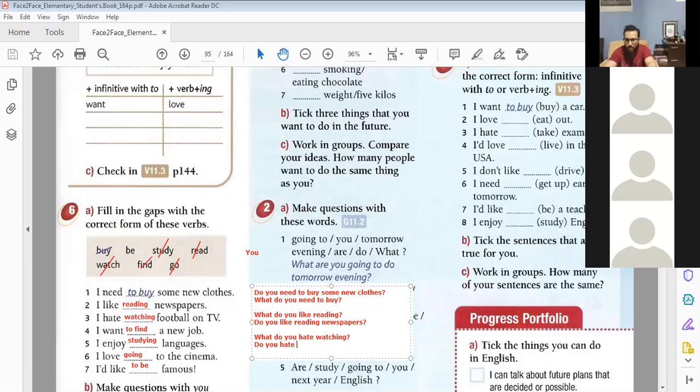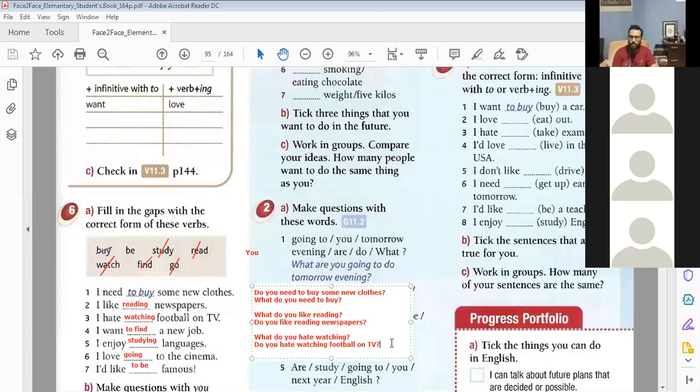Do you hate watching football on TV? Right, good.